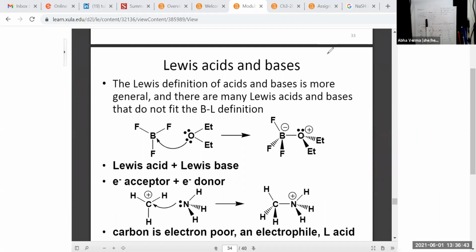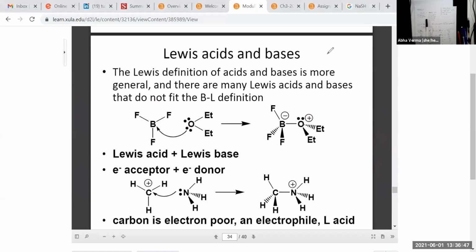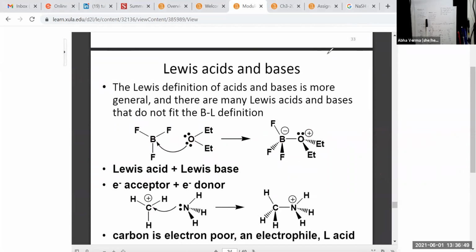Similarly, if you look at this particular carbon, this carbon has 6 valence electrons also. The octet of this carbon is not complete. And so it is electron poor, even though hydrogens are only missing 1 electron, this carbon is missing 2 electrons.